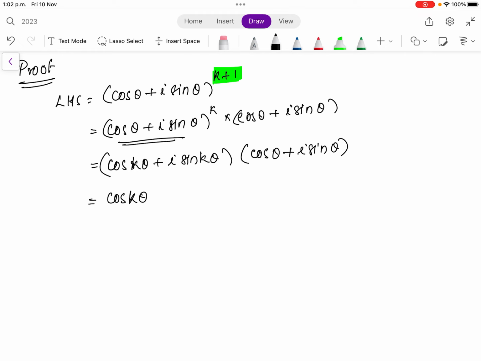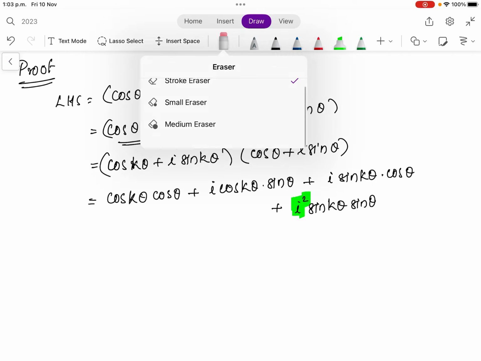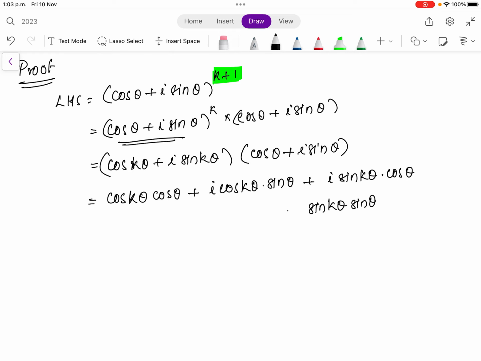So I will get cos k theta cos theta plus i cos k theta sin theta plus i sin k theta cos theta plus i squared sin k theta sin theta. Now i squared will become minus 1, so this last term will become minus sin k theta sin theta.